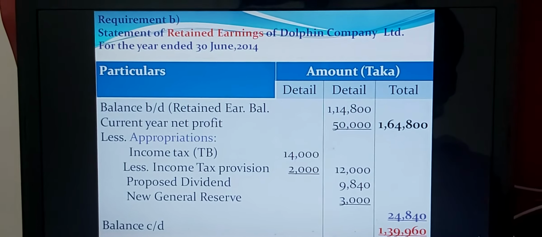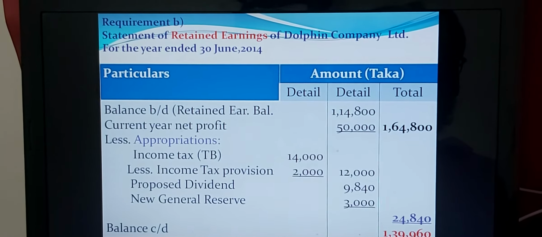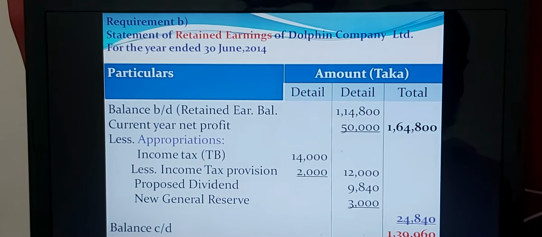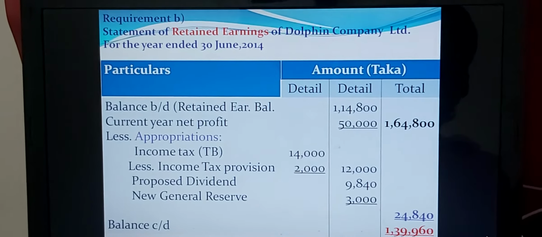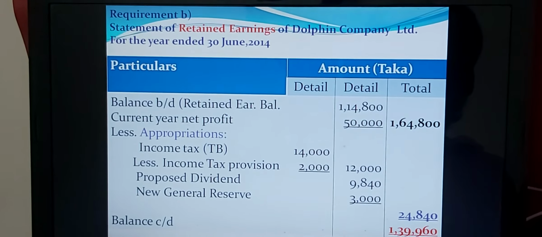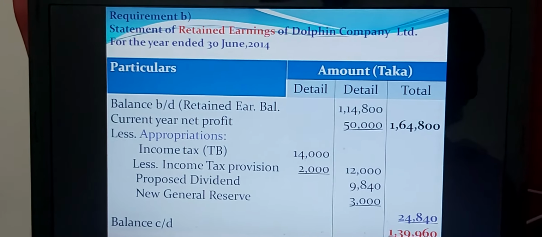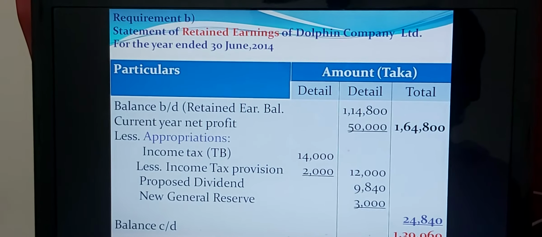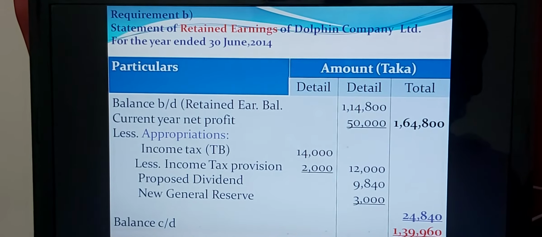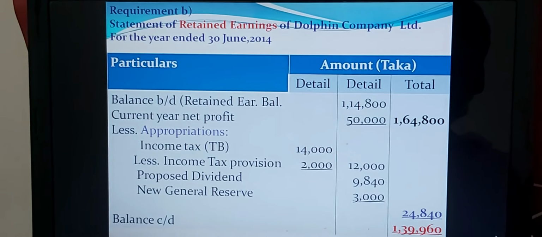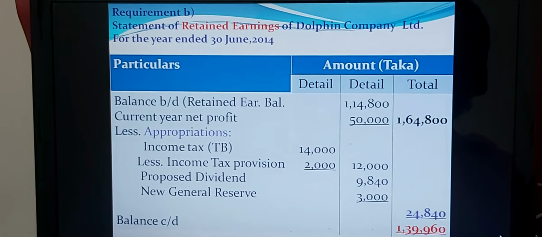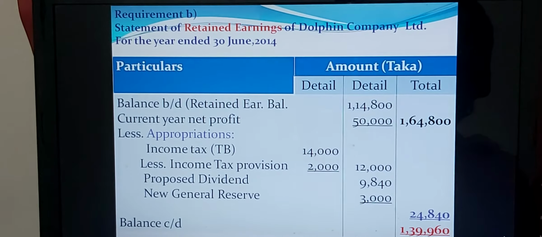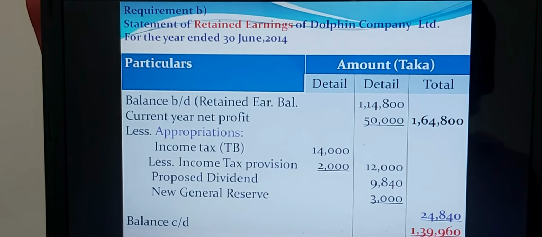So income tax item is debit and income tax provision item is credit. Given in trial balance, income tax amount taka 14,000, but income tax provision credit item 2,000. So 14,000 minus 2,000 is equal to taka 12,000. In this way, you have to write it in statement of retained earnings as appropriations item.